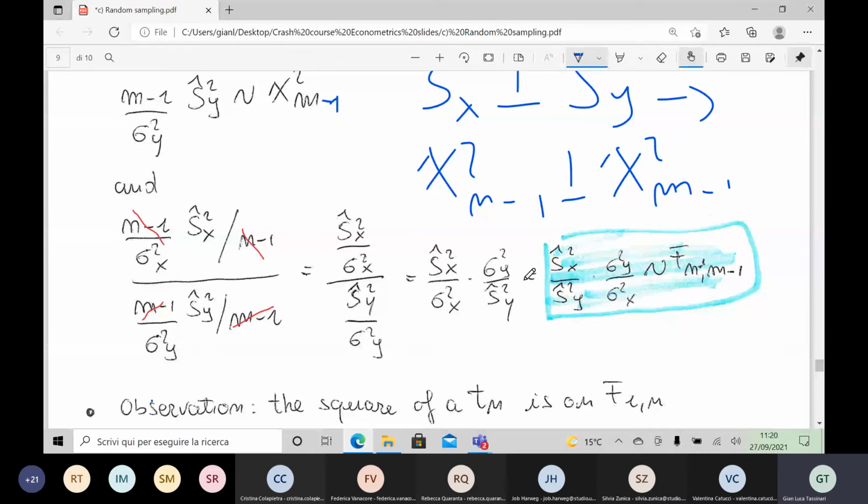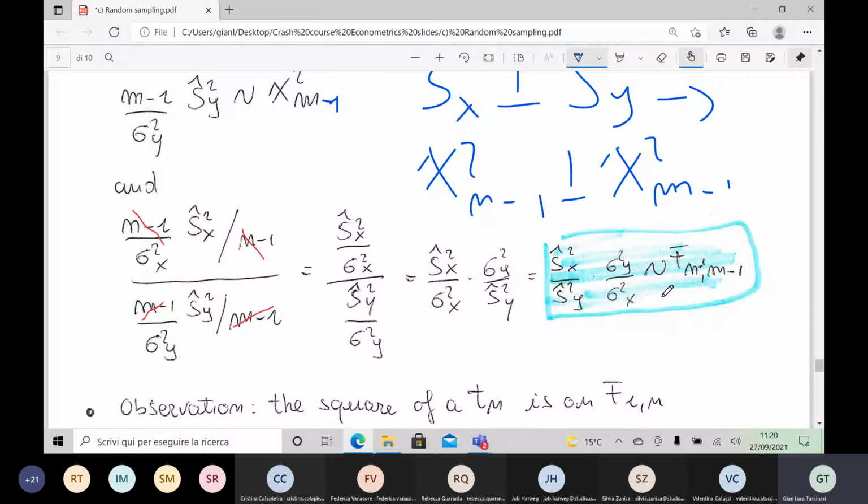But by definition, guys, what is this? This is a chi-square with n minus 1 degrees of freedom divided by its number of degrees of freedom, divided by an independent chi-square with m minus 1 degrees of freedom divided by its number of degrees of freedom. So by definition, this is an F of Fisher with n minus 1 and m minus 1 degrees of freedom.